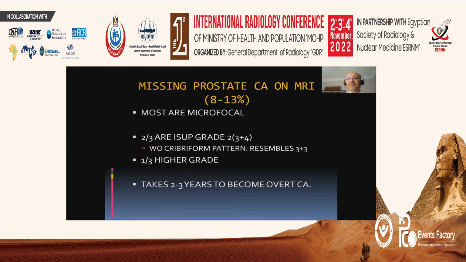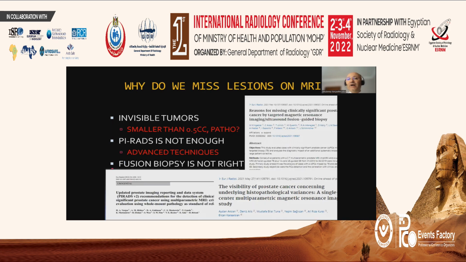So can we miss prostate cancer on MRI? It's possible. It's 8 to 13% if you have a normal MRI. But the good thing is most of them, almost 66% of these missed lesions are almost benign lesions. Only 1/3 of these missed lesions are higher grade, and it takes 2 or 3 years for these tumors to become aggressive cancers. So why do we miss?